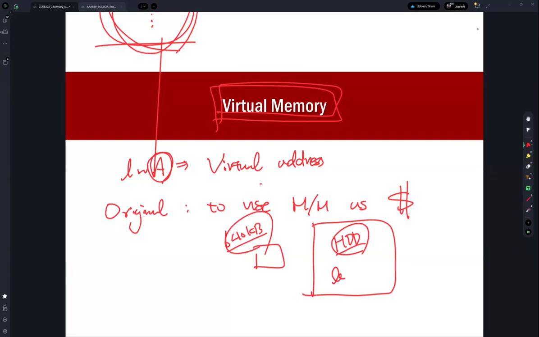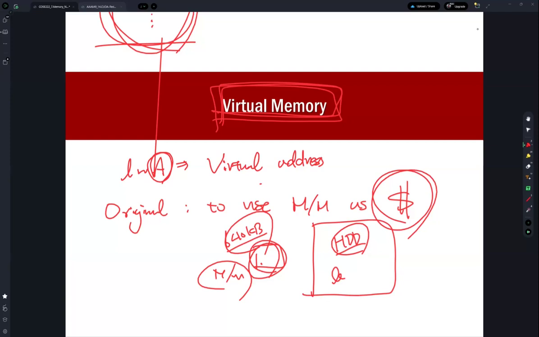So actually, virtual memory is designed for using the main memory like a cache. What does that mean? We can store the data in the hard disk drive, and the frequently used data can be stored in the main memory, right? So the virtual memory concept was developed for this purpose.